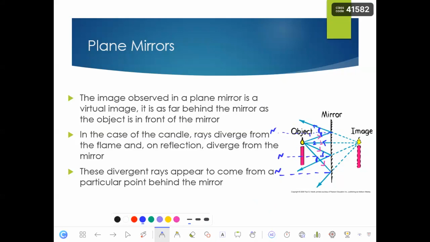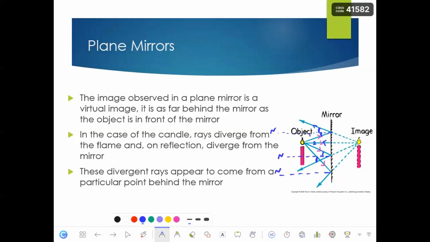Okay, here, as you can see, the reflected light diverges. Okay, the reason that we see the light is because of the reflected light. But as you notice here, this reflected goes here, this reflected goes here, here, here.